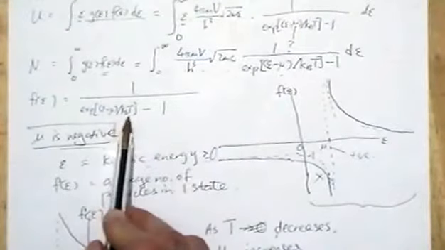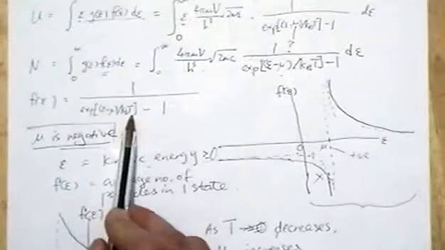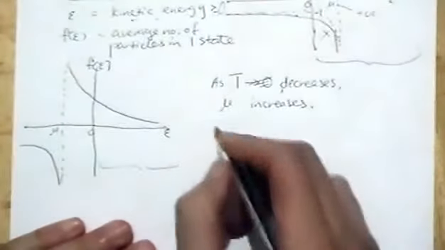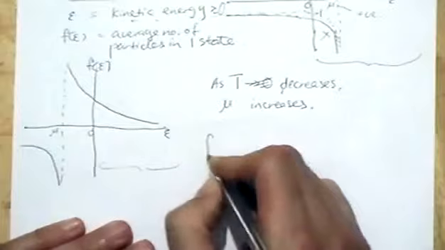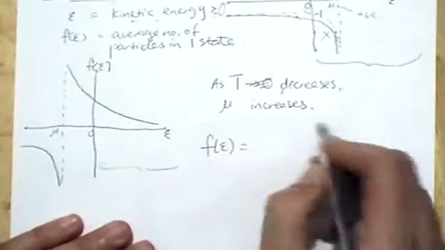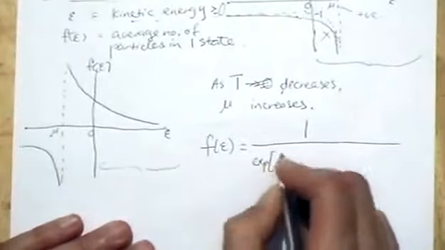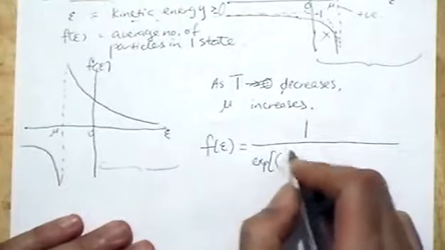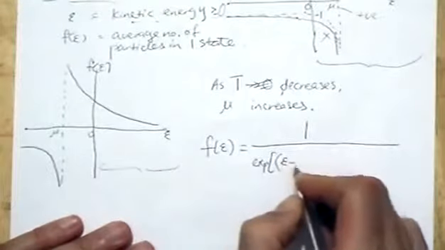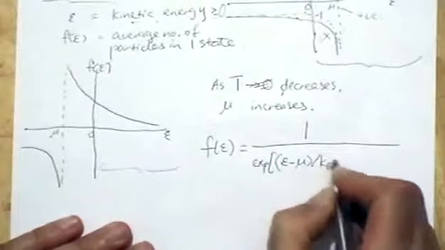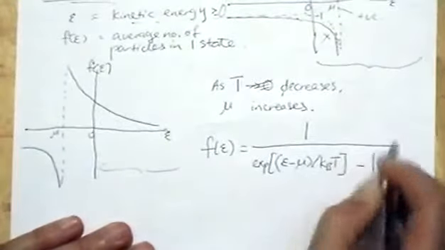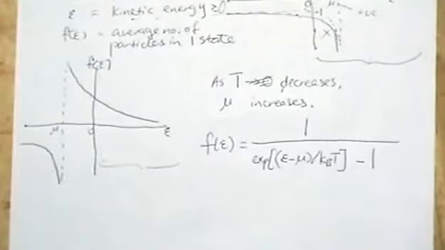If we look at this expression, let's think about what happens to Fe if T decreases. Now T is in the denominator of the argument. Okay, let me write this out again more clearly. Fe is equal to 1 over exp of E minus mu over kB T, minus 1. Okay, that's clearer.